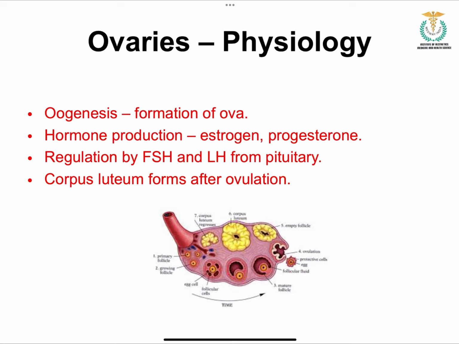Only once the egg is released and meets the sperm can fertilization occur. If no ovulation happens, the egg will not be released and will not meet the sperm, which can lead to infertility. So this is the basic physiology of the ovaries.